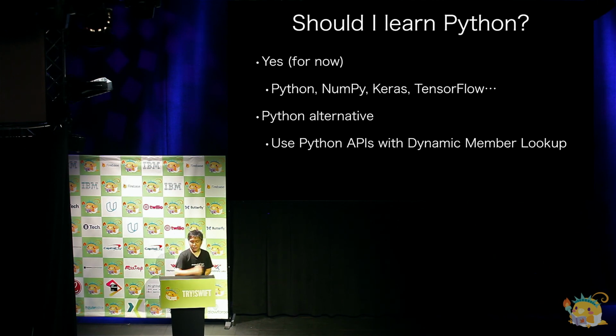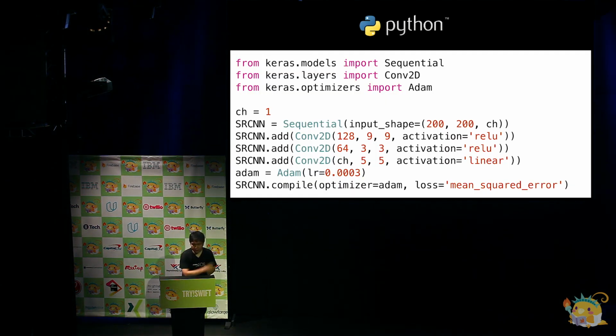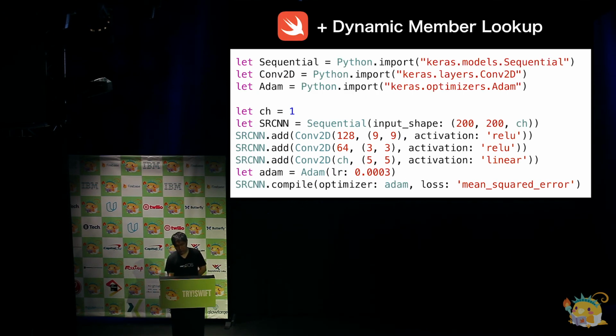This is kind of like how you can call Objective-C APIs with Swift. For example, this is my training code using Python. And this is code using Swift and dynamic member lookup. It's very similar to the Python version. Maybe almost all Swift programmers can understand this code.